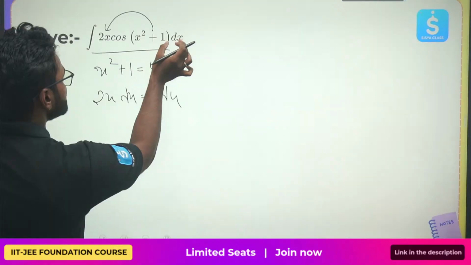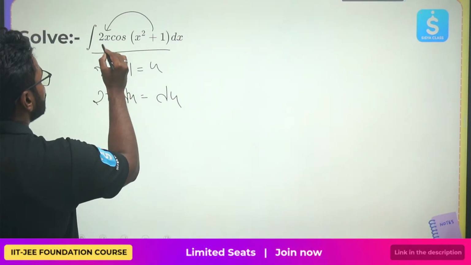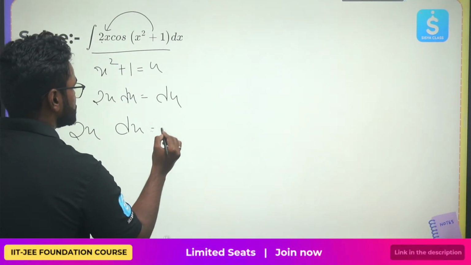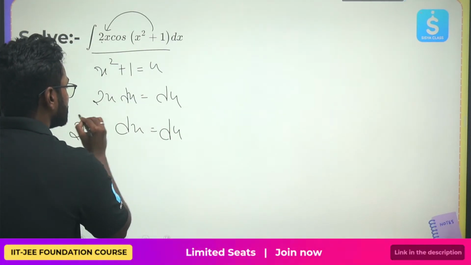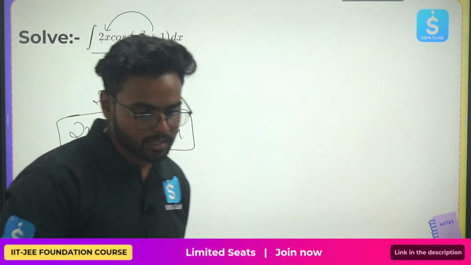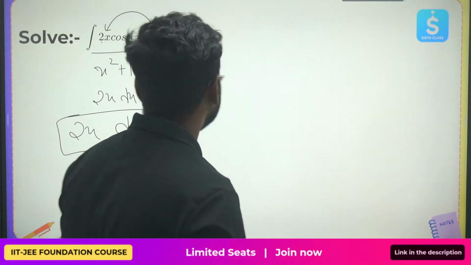You don't have to write anything else here because the form is already in 2x dx. The only thing you need to do here is substitute the value of u and du.